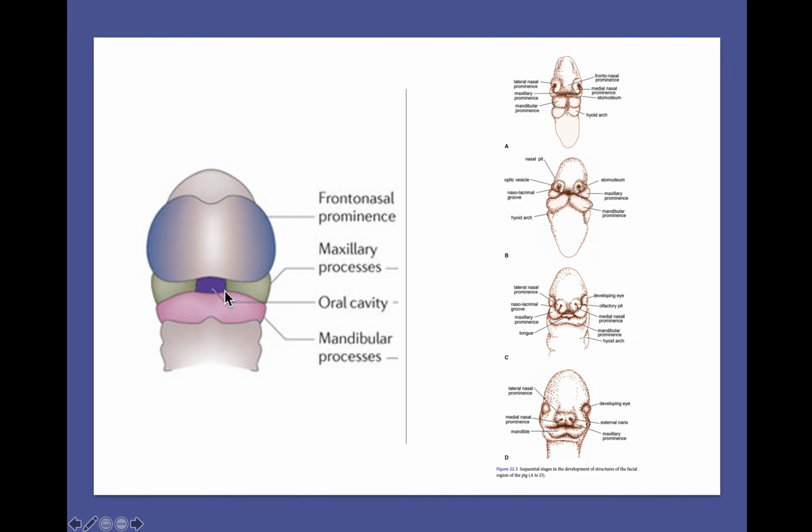This membrane, the stomatodeum, later will atrophy, and this will result in the formation of the oral cavity. So from this we can see that this maxillary structure with the frontal structure here will form the upper jaw, whereas the one found here below, the mandibular processes, will help in the formation of the lower jaw.